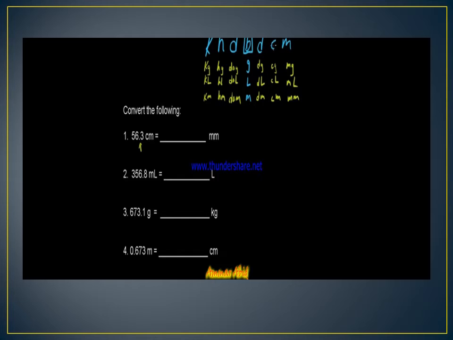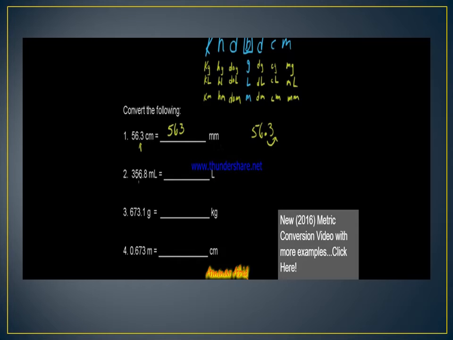So we have to move the decimal place one to the right, from centi to milli. Our new number then would be 563 millimeters. Okay? Let's try the next one.